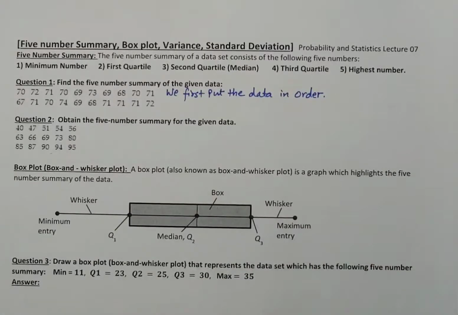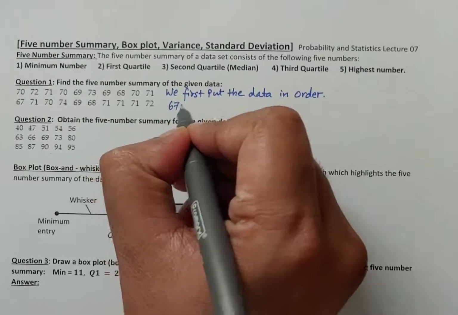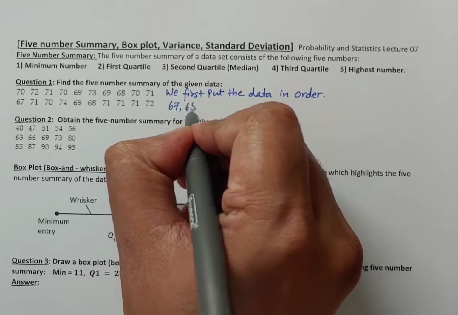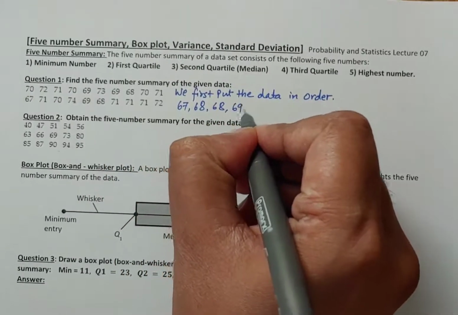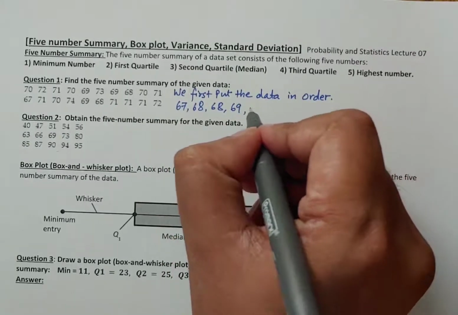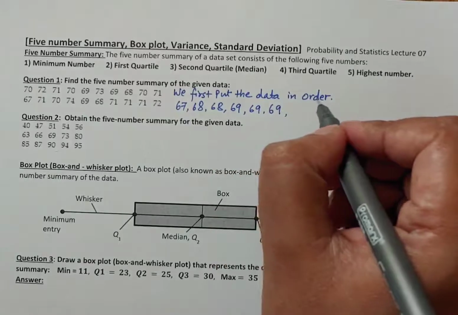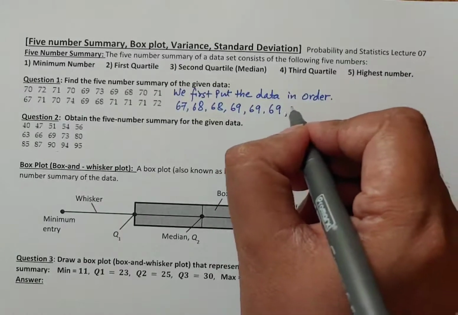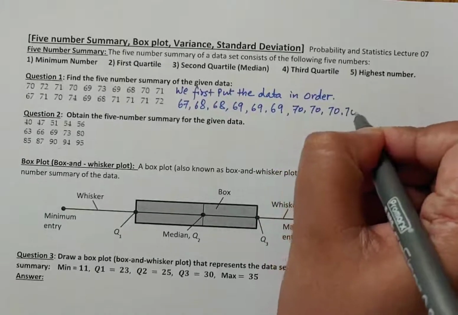So let's say 67, 68, 68, 69, another 69, and then another 69, and then we have 4 70s: 70, 70, 70, 70.